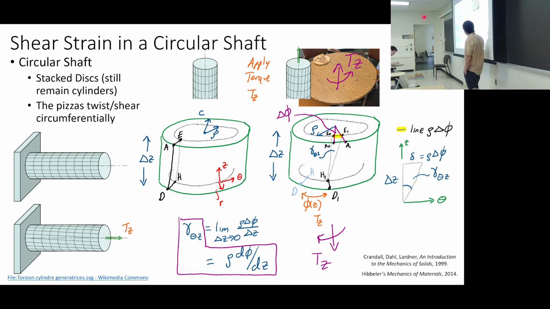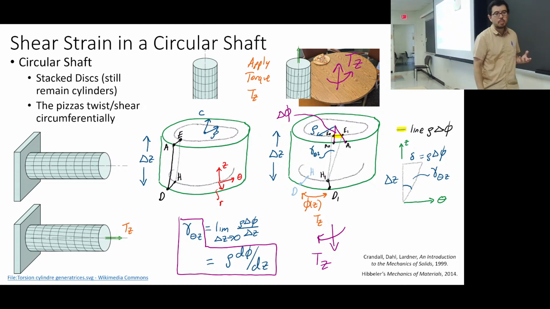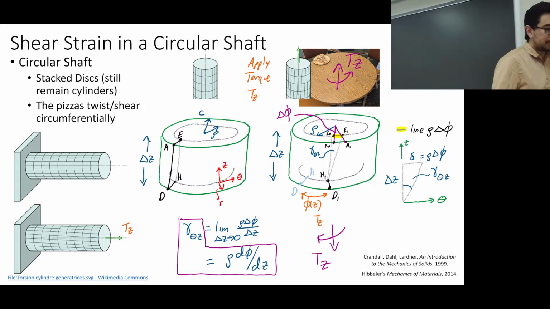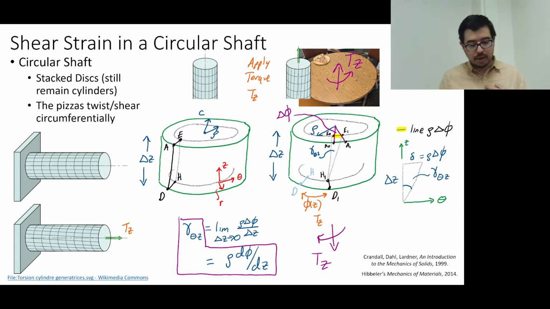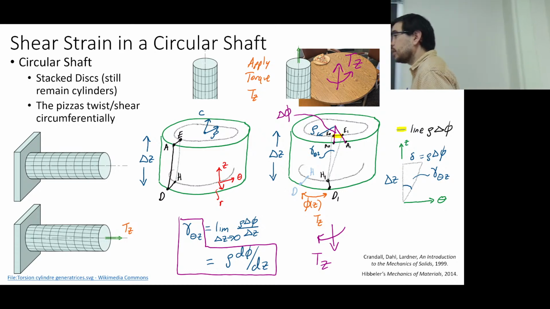As I shrink the thickness, as I go from Chicago pizza to New York pizza, I'm taking a derivative, and that's rho d phi dz. That, folks, is the shear strain due to an amount of rotation, or a slope of rotation.